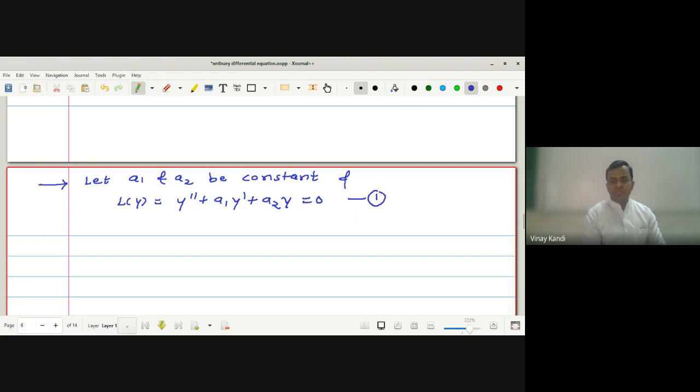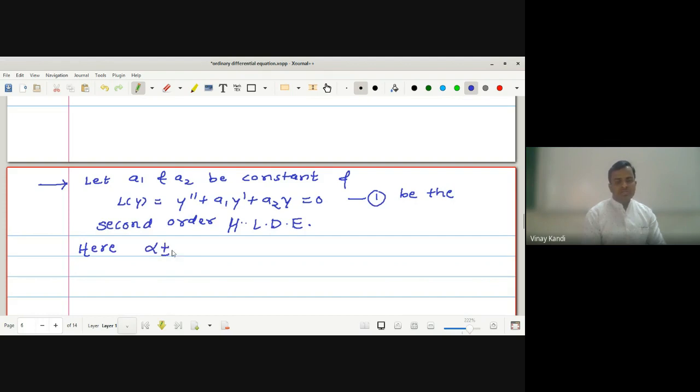Give it as equation number 1. Be the second order homogeneous linear differential equation.